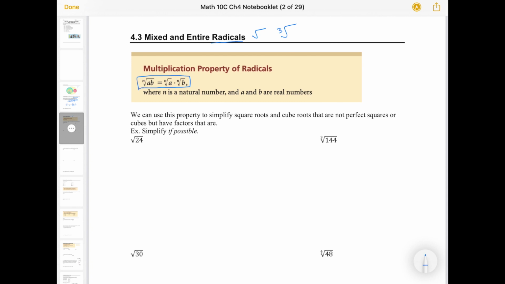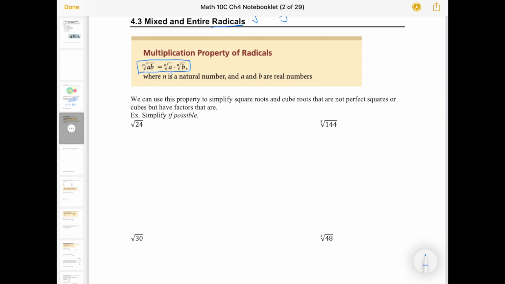If I have the radical of a times b, that's the same as the radical of a times the radical of b. And this can help us simplify them, because that is what we are trying to do. We are trying to make these radicals smaller. So let's look at 24.